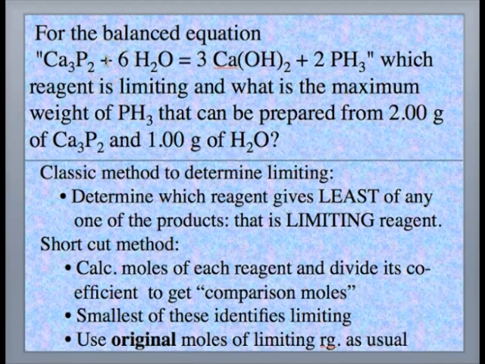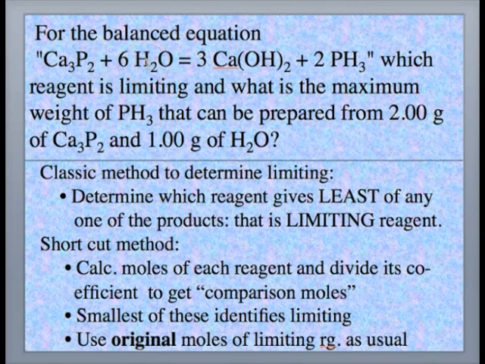The shortcut method for determining the limiting reagent is kind of cool. You calculate the moles of each reagent, and then you divide by its coefficient to get what we call comparison moles. So, for example, you would find how many moles you have of the calcium phosphide, and you would divide that by 1 because the coefficient is 1 here. In other words, it's fine as it is.